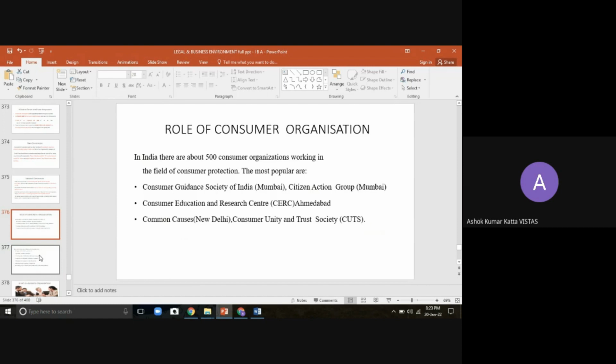But being a consumer, how will you file a case at the district level forum? We don't know. Again, we approach an advocate, a legal person, and with his help we file a case. But apart from that, many institutions and charities are voluntarily coming forward.